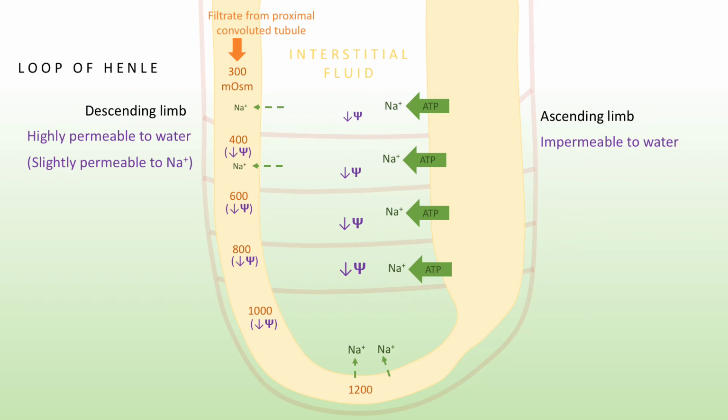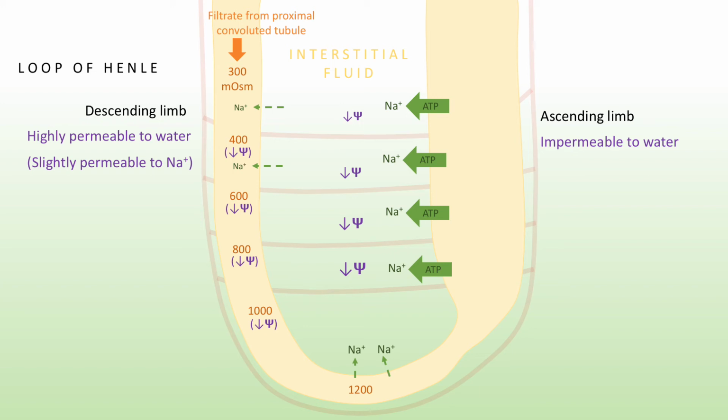And so as you can see, that green colouring, which depicts sodium ion concentration, increases the further down the loop of Henle you get, and the more into the medulla you get. And so the filtrate that's right at the bottom of the loop of Henle is at quite a high milliosmolar concentration because it's lost the majority of its water into the interstitial fluid, which has been carried away in the blood.